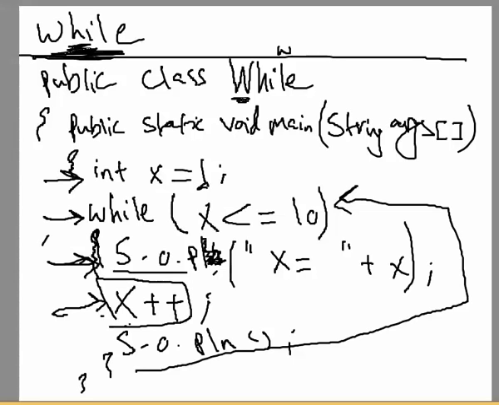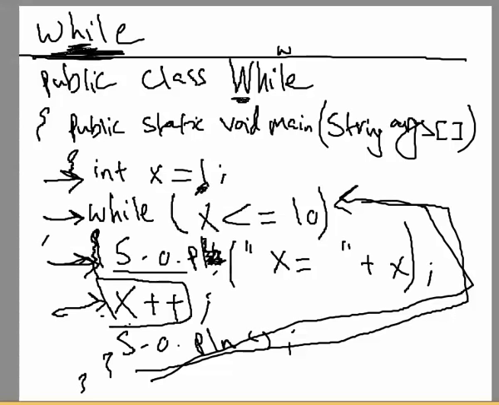If I don't have this x plus plus, it will always go back to 1, because the initial value of x is 1. It says 1, 1, and the condition is always true because x is less than or equal to 10. So we will have an infinite loop that will never end.